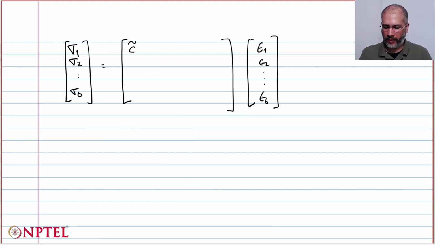Since we have a 6 by 1 matrix here and a 6 by 1 matrix here, this is going to be a 6 by 6 matrix. So this C tilde is a 6 by 6 matrix which has 36 components, written as C tilde 1 1, and so on. So this is called Voigt mapping.